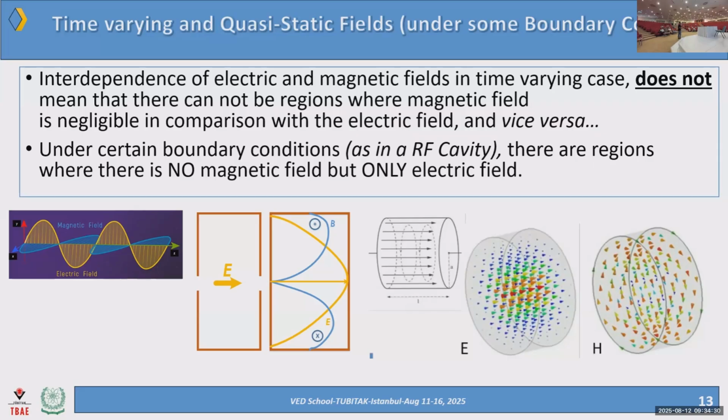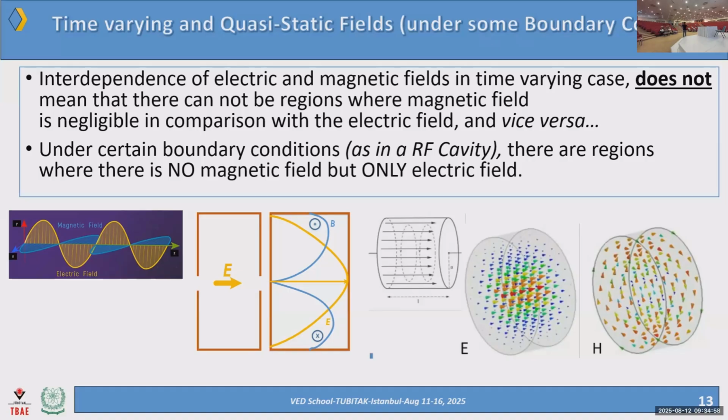A certain mode, we call it mode. Physicists don't have those fancy terms, boring people, but we call it modes. A certain mode is that the electric field vector is maximum at the center and there is no magnetic field there. Isn't it marvelous?